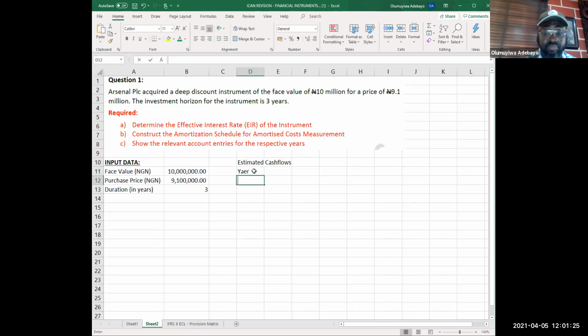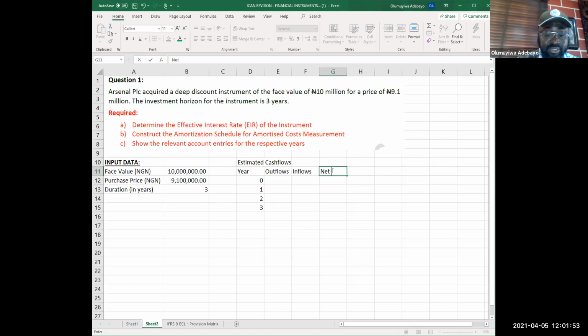Year 0, year 1, year 2, and year 3. My outflows, since I invested first, and my inflows.